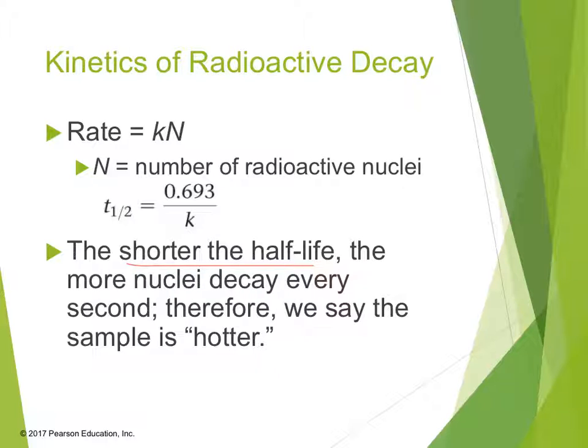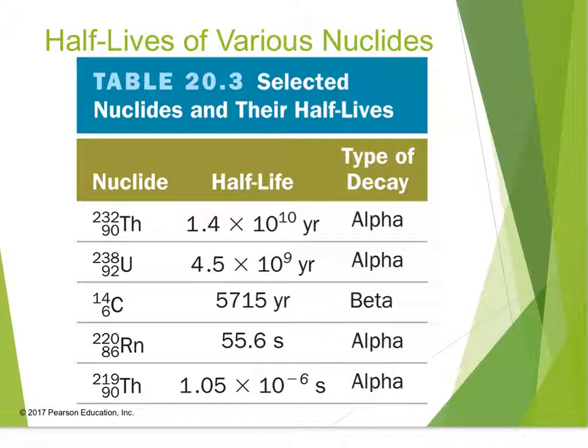The larger the half-life, the slower something decays, and the smaller the rate constant is. So make sure you understand those relationships. Half-life varies tremendously from a fraction of a second to many, many years, depending on the stability of the nucleus and how it decays to become stable.